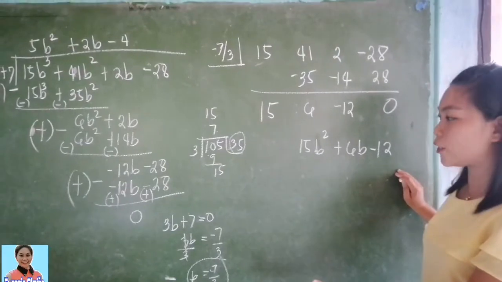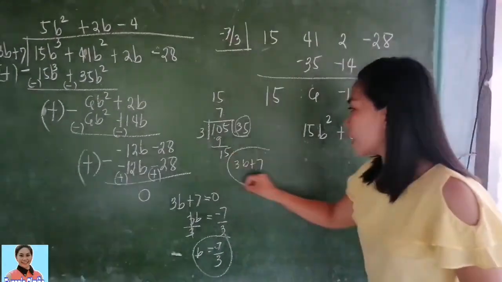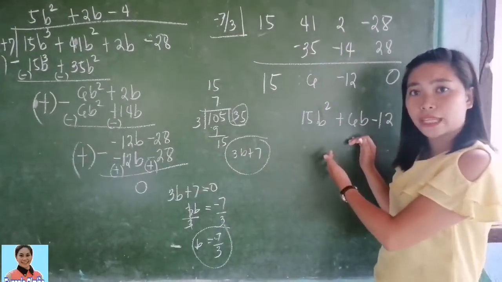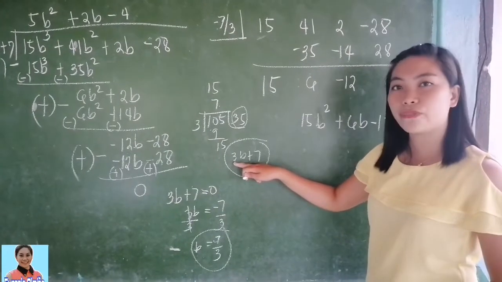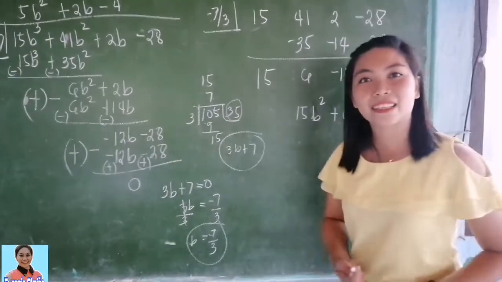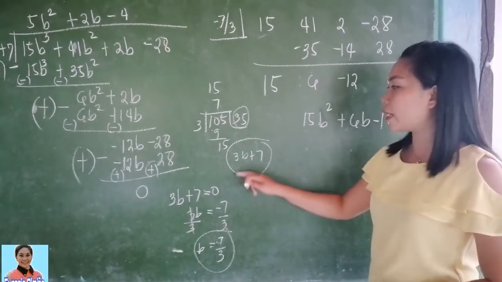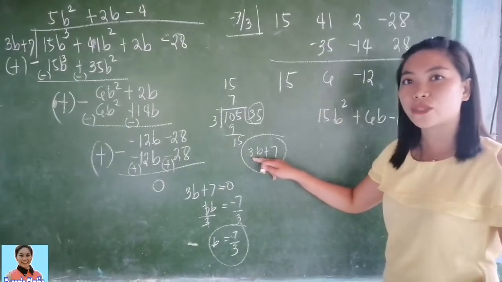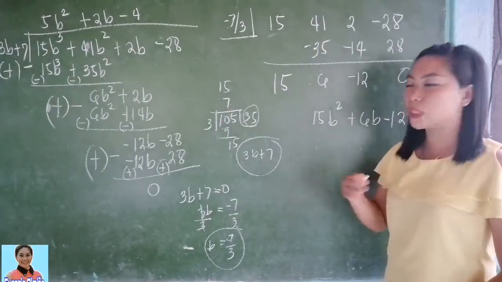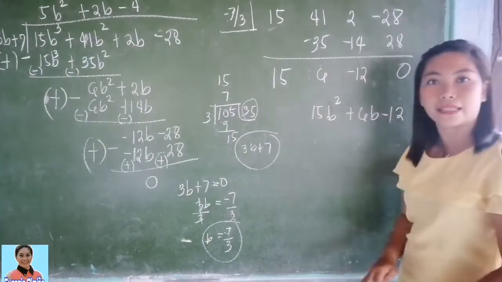Because our divisor is 3b plus 7. So, ano po yung kinalaman ng 3b plus 7 sa ating quotient? Meron po tayong coefficient, or the coefficient of our variable here is greater than 1. So, always remember po when the numerical coefficient of our divisor is greater than 1, whatever it is, we have to divide the quotient we find in our synthetic division.